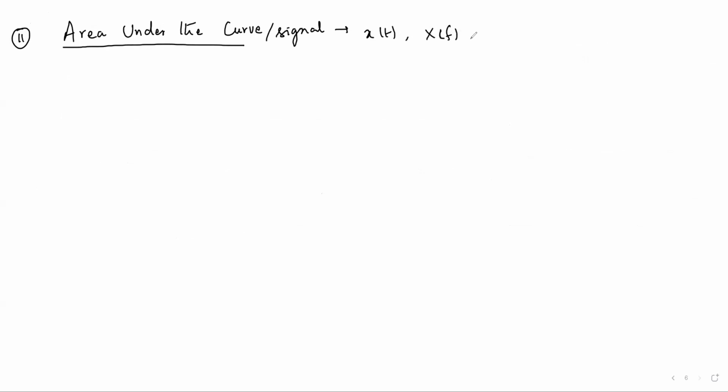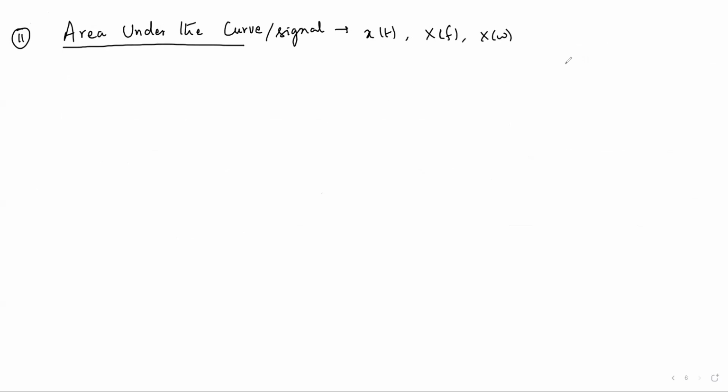Area under the curve. Area under the signal, we can say. Signal means either it can be x of t, or x of f, or x of omega.